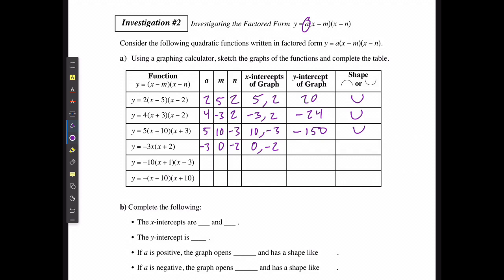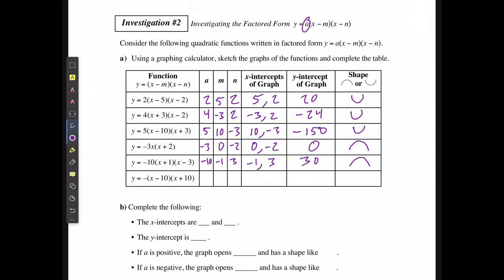The y-intercept occurs at 0, and this one actually opens downwards. For the next example, I have negative 10, negative 1, and positive 3. X-intercepts at negative 1 and 3. The y-intercept is at positive 30, and this one also opens downwards.